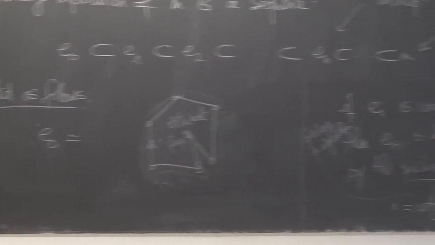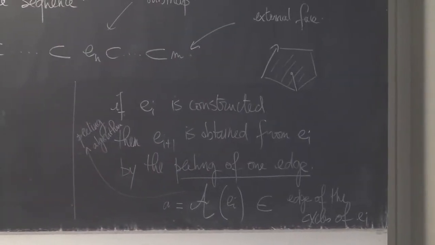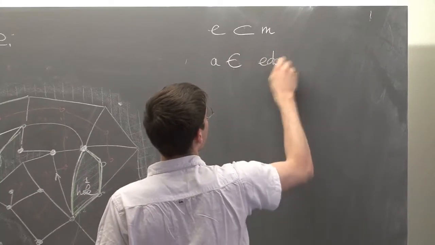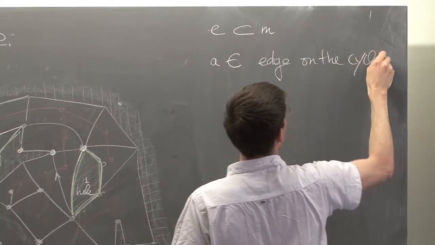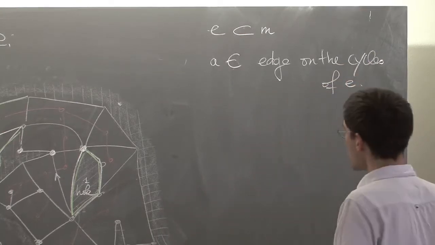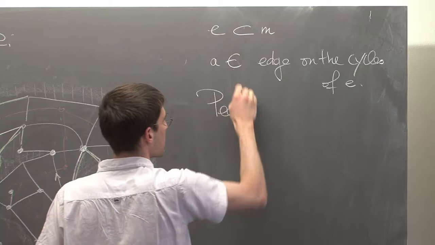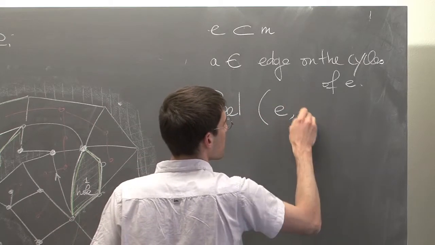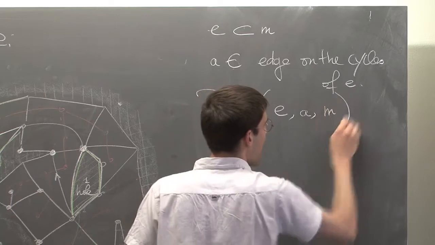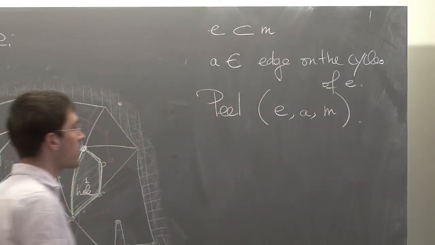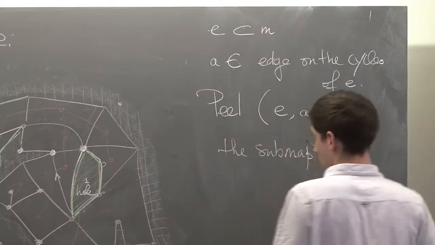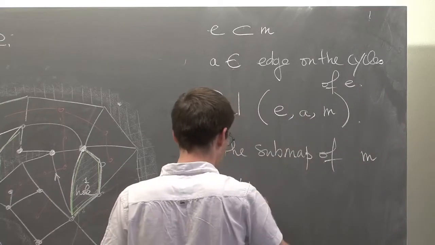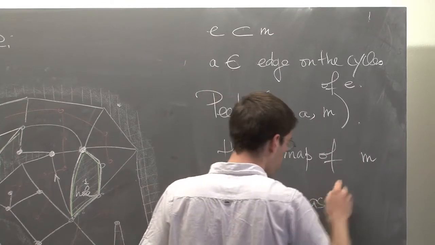So if you have a submap E of a bigger map, and if A is an edge on the cycles of E, then we'll denote by peel the edge A of E inside the planar map M. This will be the submap of M obtained as follows.